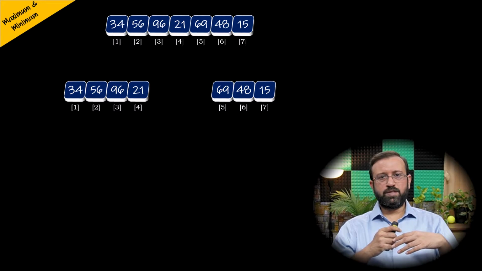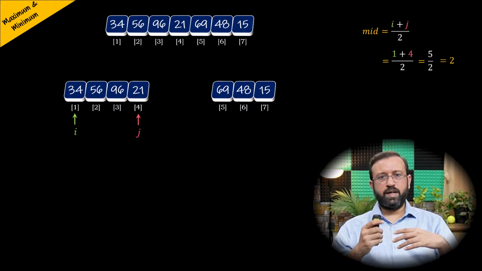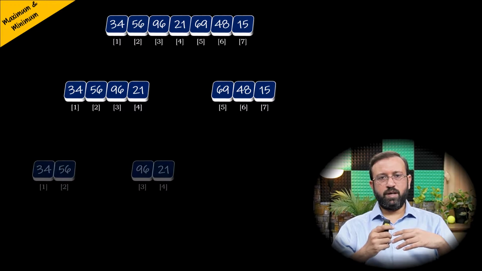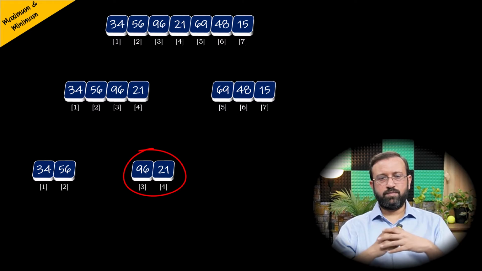Now the problem is still large, so we will divide the left subarray into 2 halves by computing the mid index. At this stage, we will have a subarray with 2 elements, that is 34 and 56, and another subarray with 2 elements, that is 96 and 21. Since these 2 subarrays have only 2 elements, the problem is small.